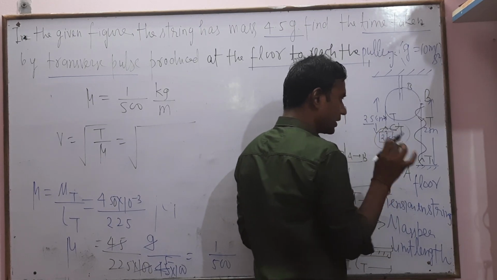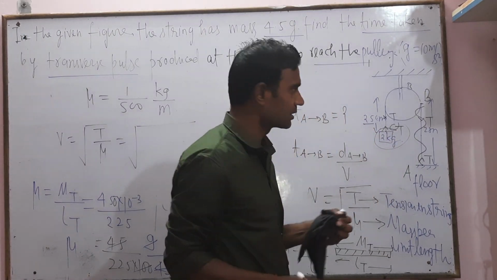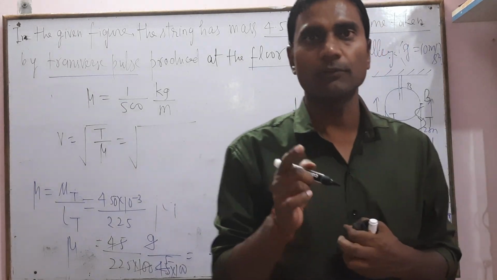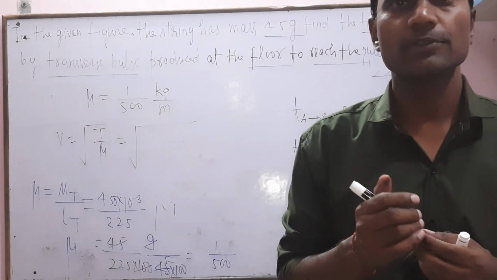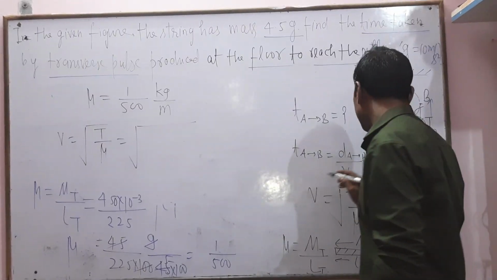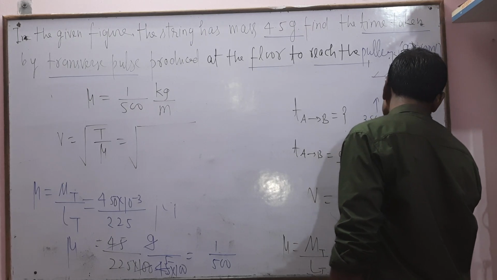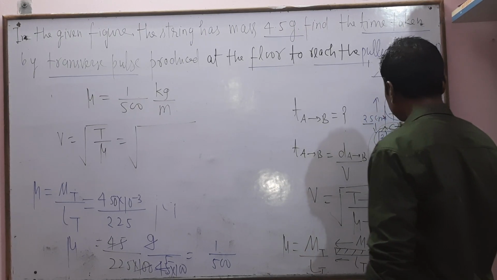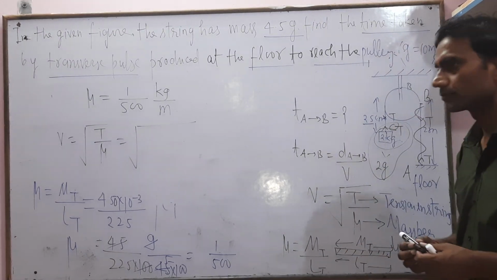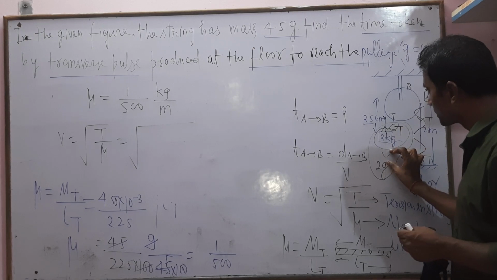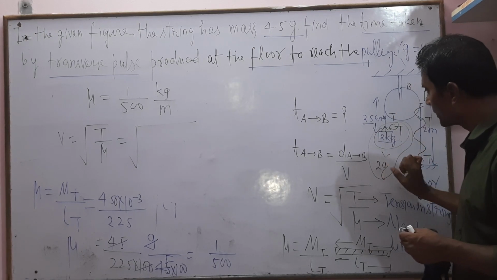But we exactly draw the FBD of the 2 kg. There are two forces applied: first tension and second weight. Weight means vertically downward. If mass is m, then weight mg is vertically downward. So weight mg means 2 into g, and tension T upward, 2g downward.